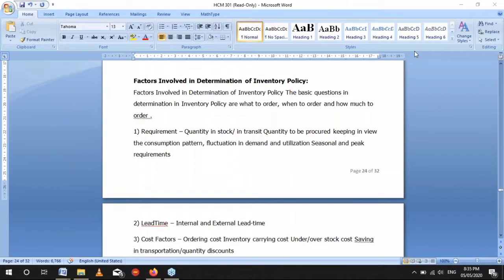Now, number 8, which is the last one amongst the types, we have SOS. This one is not save our souls. SOS this time around means seasonal, and it is based on seasonal requirements.